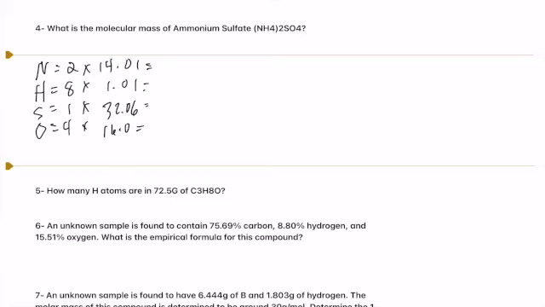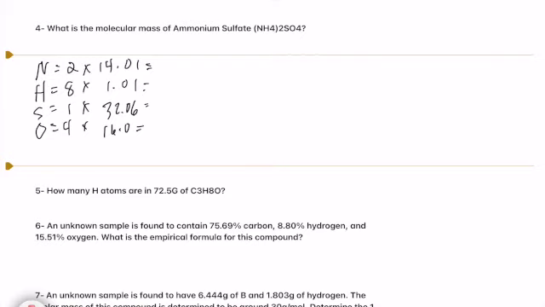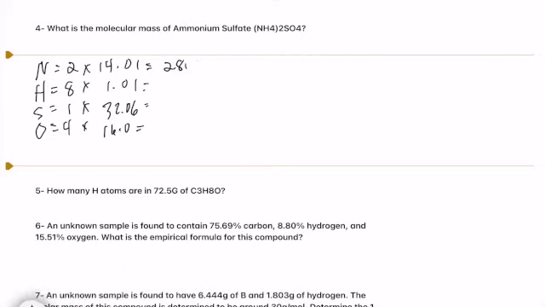Then we multiply for each. And obviously I just multiplied incorrectly, but 2 times 14 would be 28.02. And then 8 times our 1.01 for hydrogen would give us 8.08. Our 32.06 carries over.